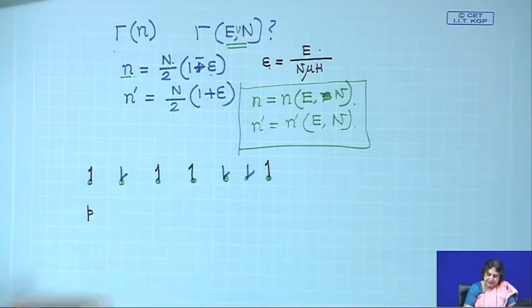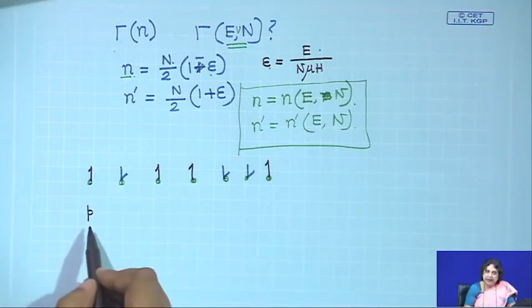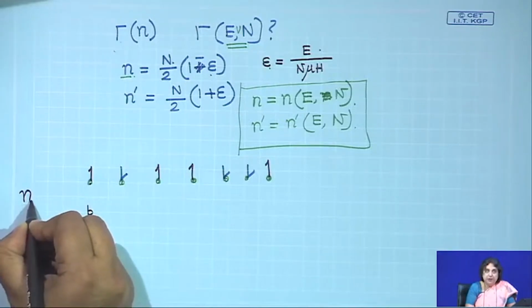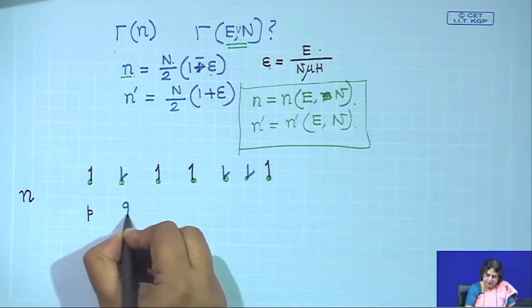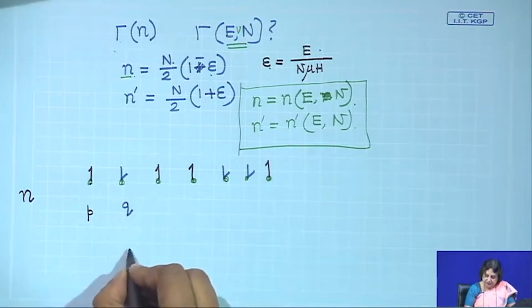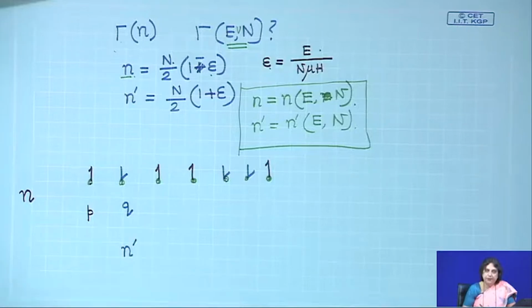By definition, I know the probability associated with this site having an up spin. That is p. How many such sites are possible for this particular microstate? That is n. Now, the probability of having a down spin at any given site is q, and how many such q terms are present? That is n prime. And since these spins are non-interacting, the probability of whether a particular site has an up spin or a down spin does not depend on what is happening to the other spins.